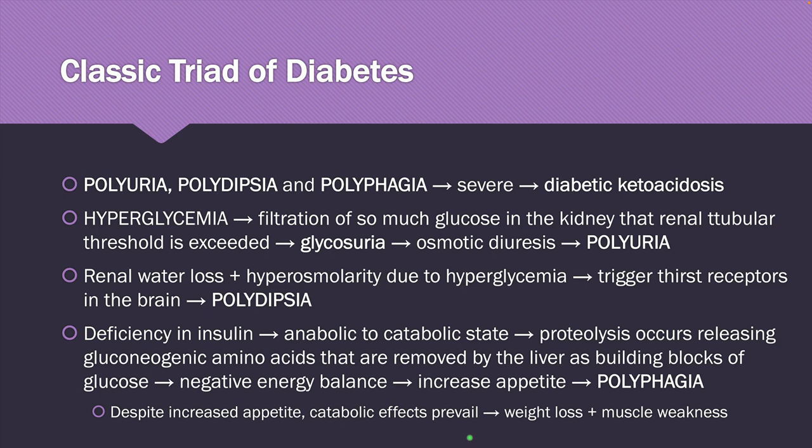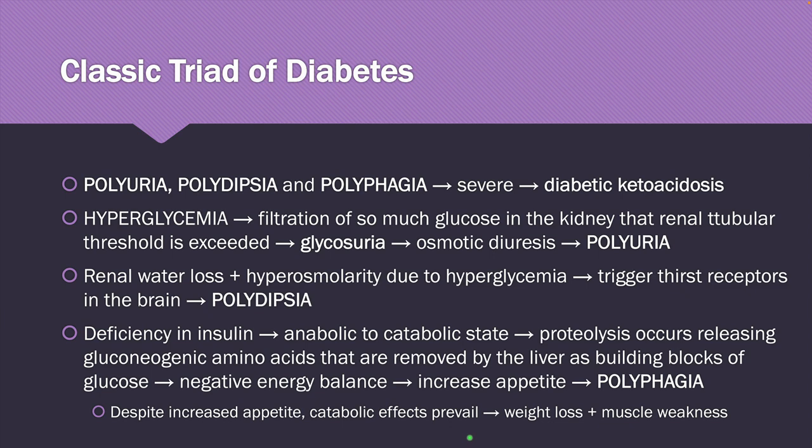So, the amino acids in the liver are converted to glucose, there's a negative energy balance, and therefore, there's an increase in appetite, causing polyphagia. So, those are our three classic symptoms.